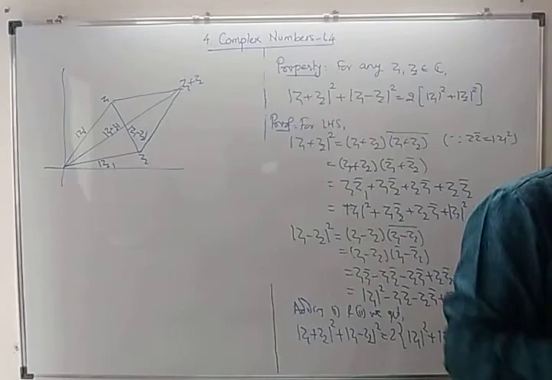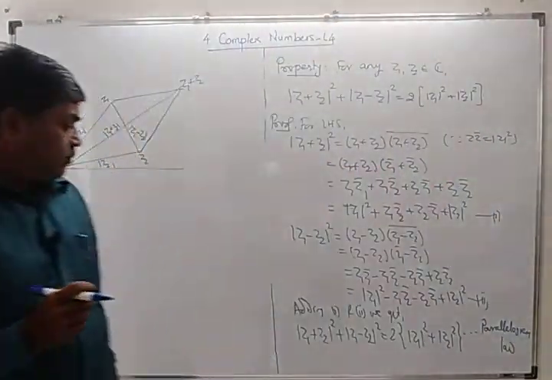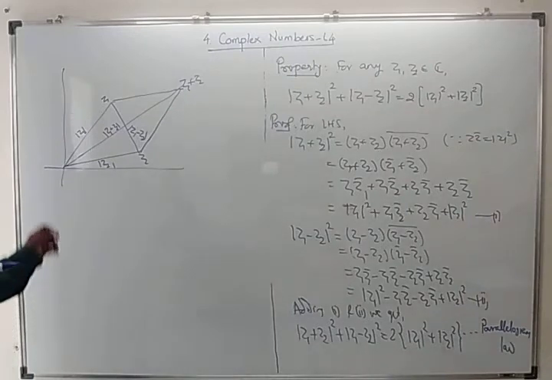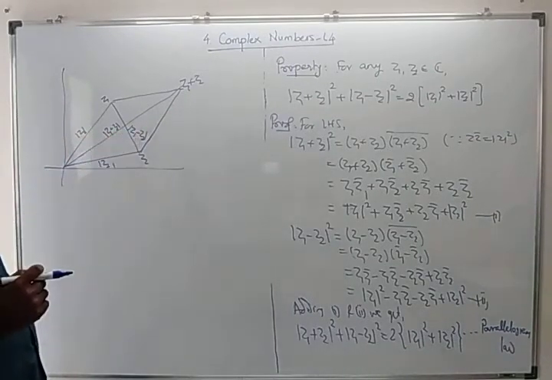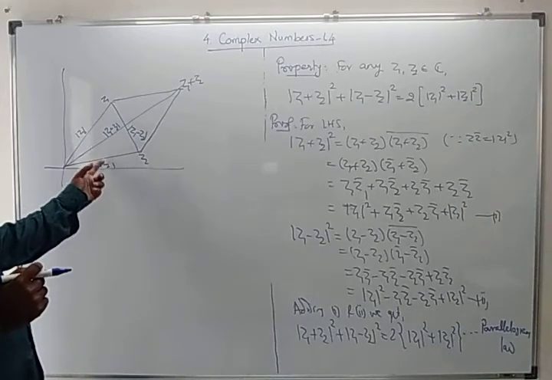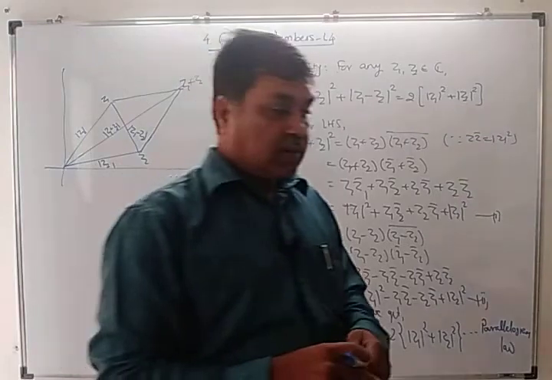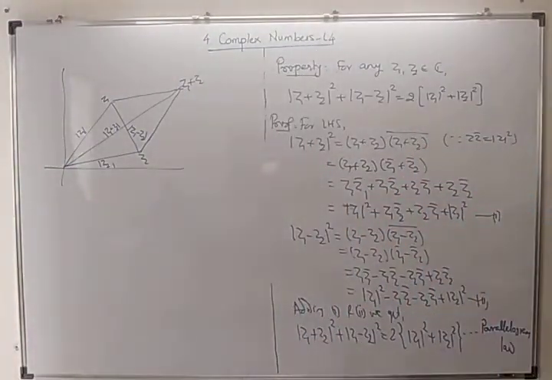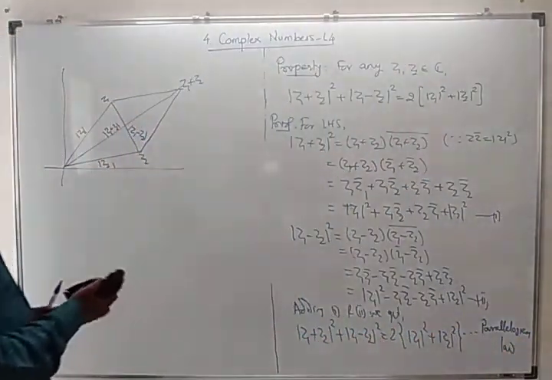So in a parallelogram, we know that the sum of the squares of the diagonals is equal to 2 times the sum of the squares of the sides. That is nothing but your parallelogram law, with the help of complex numbers.